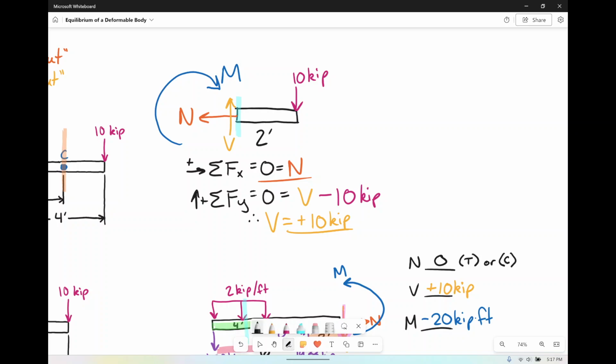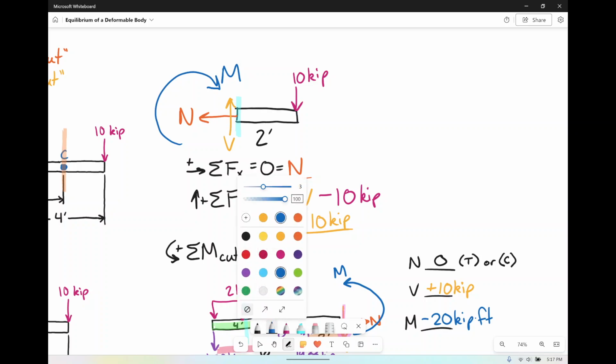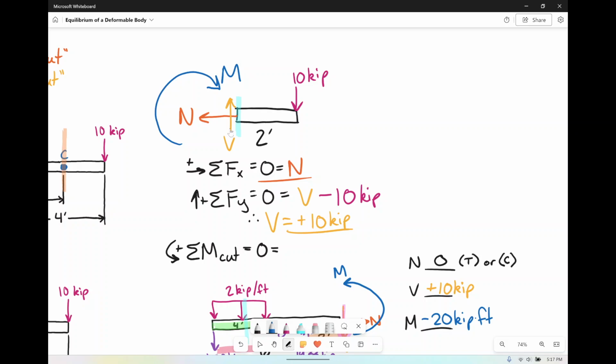It's impressive. So lastly, we're going to sum the moments about the cut. Again, I like to take counterclockwise as positive for the sake of the equation. Going left to right, there is M in all of his glory, but he is going the wrong way for this. So we're going to have minus M, and then shear and normal are not going to create a moment about the cut, so all we have left is this 10 kip force going this way, which is negative as well.